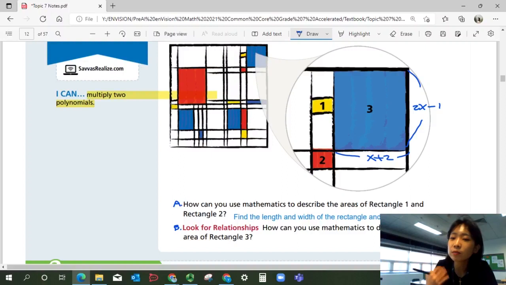So the length of the blue rectangle is composed of 3 segments. Add these segments. 1, 2, 3. And multiply the sum by the width to find the area.